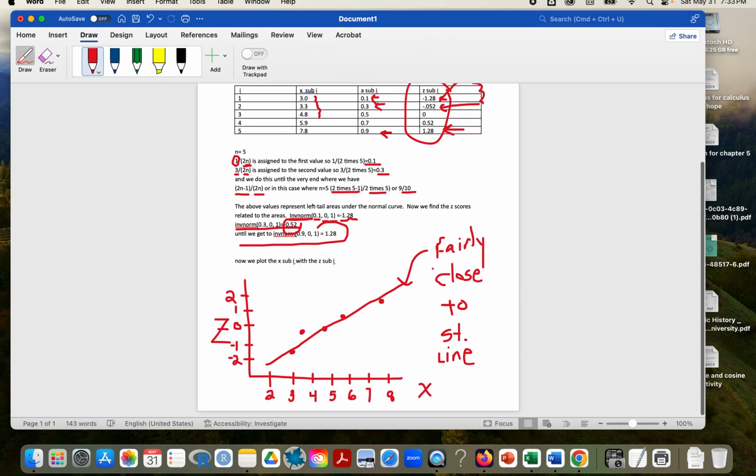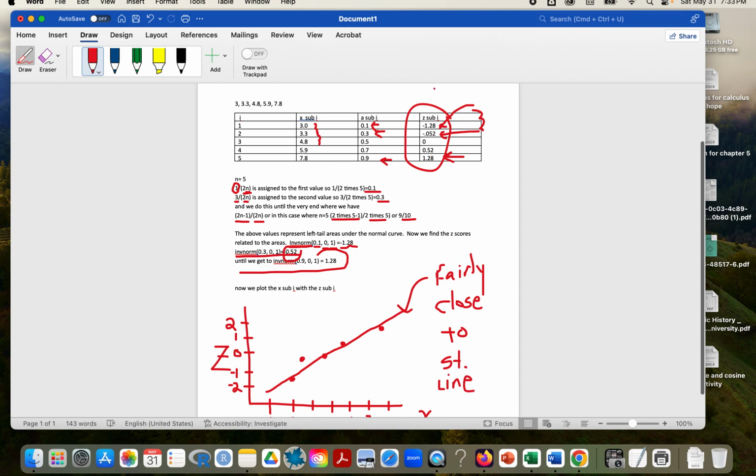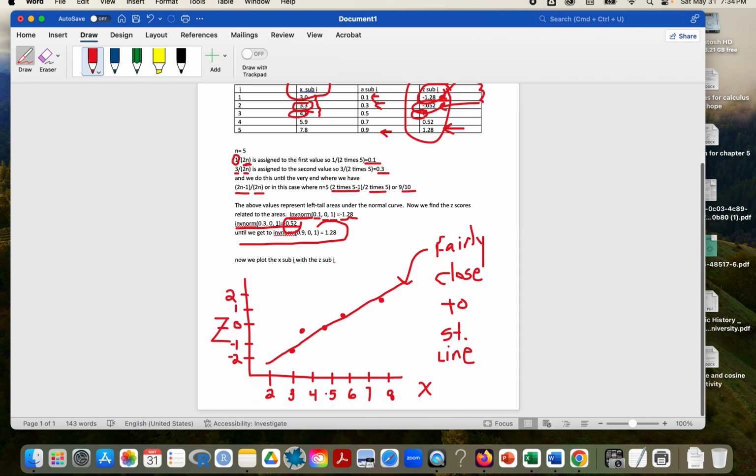So what ends up happening is you plot the points: 3, negative 1.28; 3.3, negative 0.52, forgive me; 4.8, 0. You do the x sub i and the z sub i, so you put the x's along the x-axis and the z's along the y-axis.